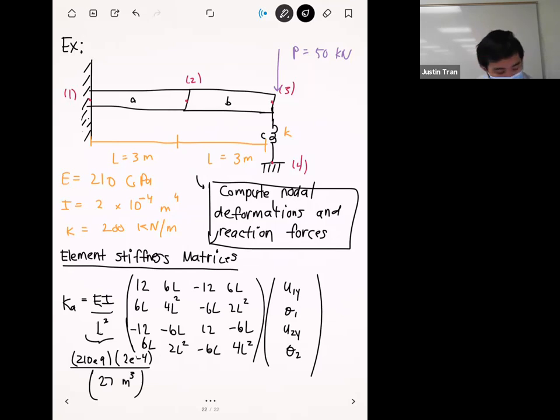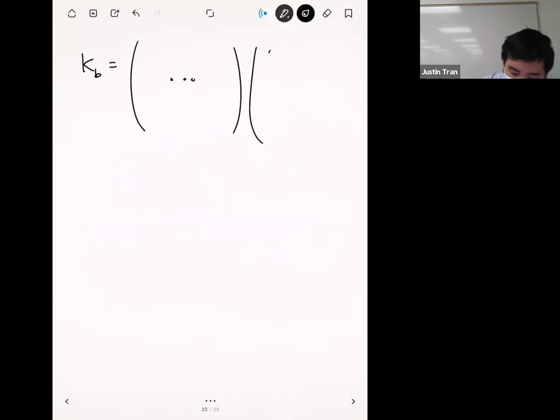All right. Okay, so let's go ahead and do the other elements. KB here is going to be the same, and so I'm not going to rewrite it again. Element B here is going to act on nodes 2 and 3. And then finally we have element C, and element C here is our new guy.